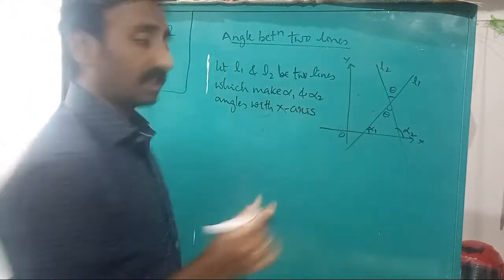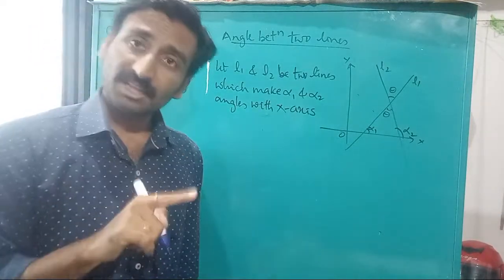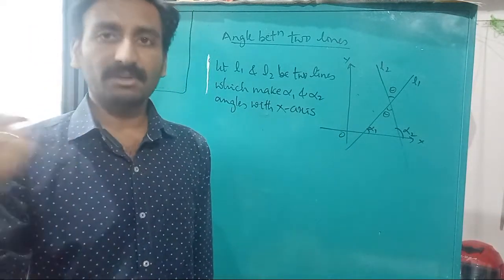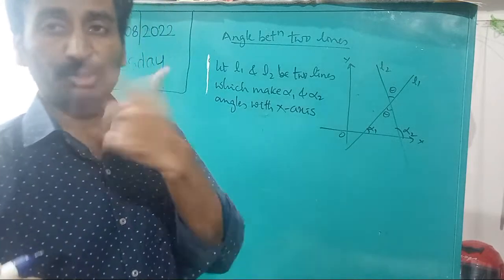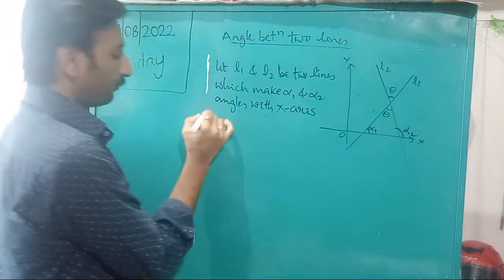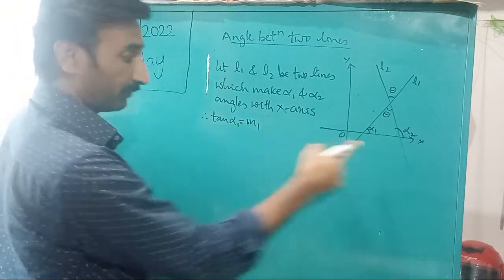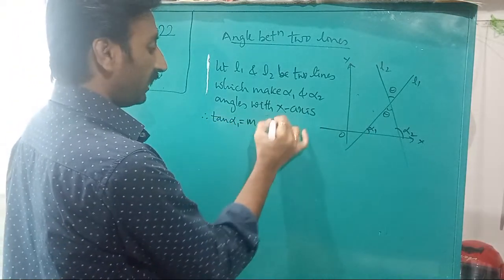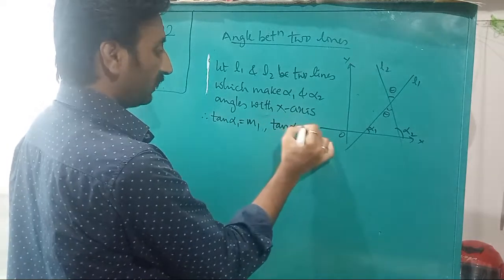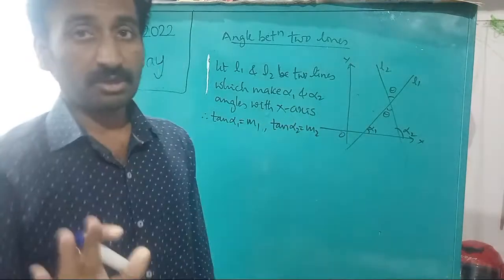So what is the meaning of this? It means that tan alpha 1 and tan alpha 2 are the values m1 and m2. Therefore tan alpha 1 becomes the slope of the first line and tan alpha 2 the slope of the second line, right?